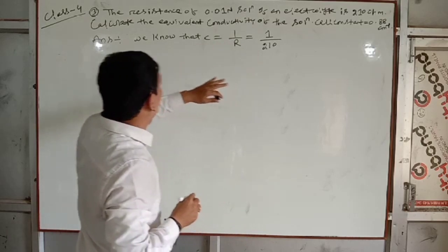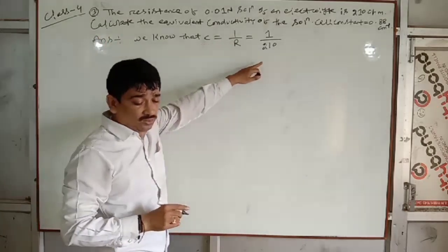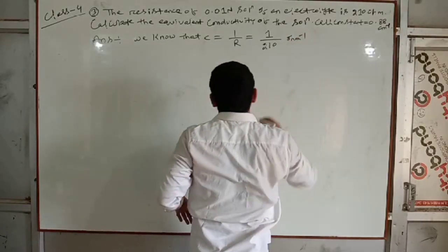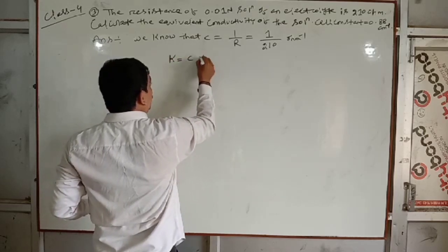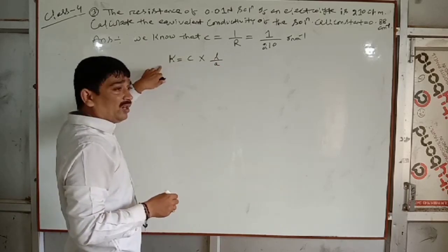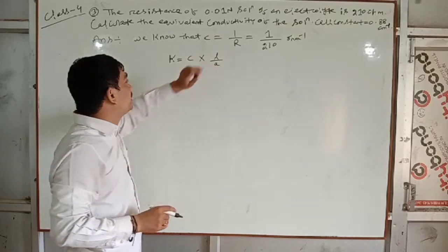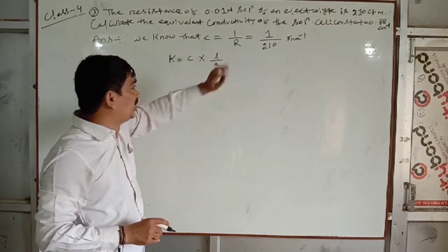So conductance equal to 1 by R, this is the conductance value, in ohm inverse. Next we know that kappa equal to C into L by A. Kappa, the specific conductance, equal to conductance into cell constant. Conductance is how much? 1 by 210.